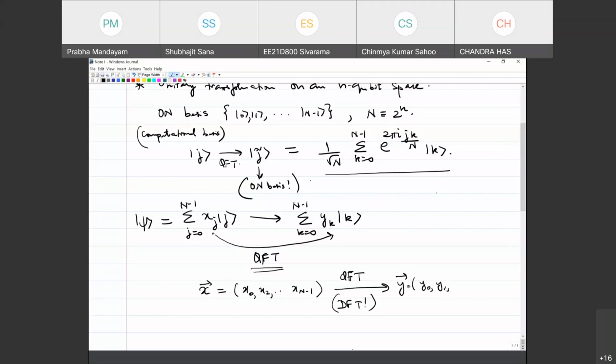The complex coefficients form an N-dimensional complex vector, and those two complex vectors transform according to your classical discrete Fourier transform. The corresponding transformation on quantum states is the quantum Fourier transform, okay?